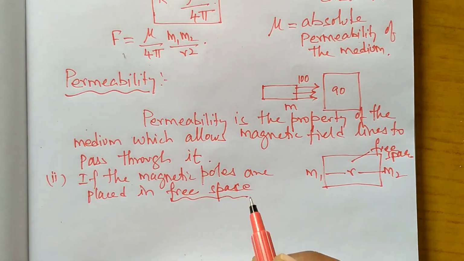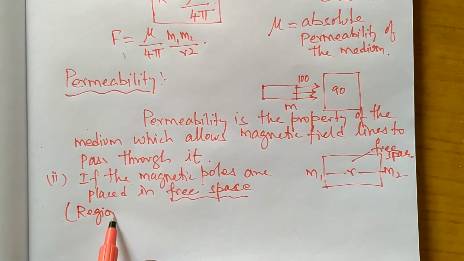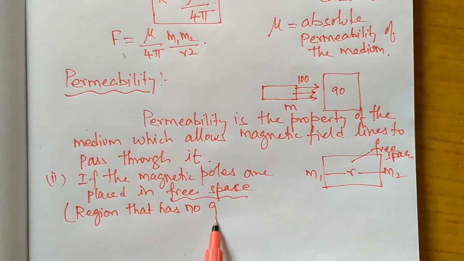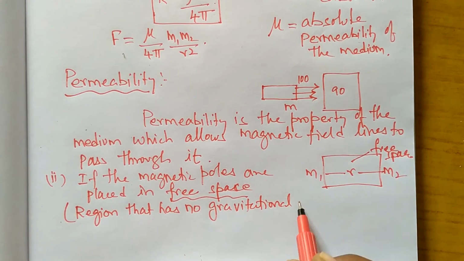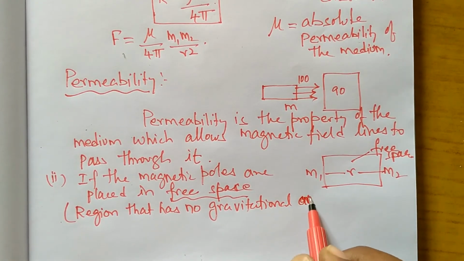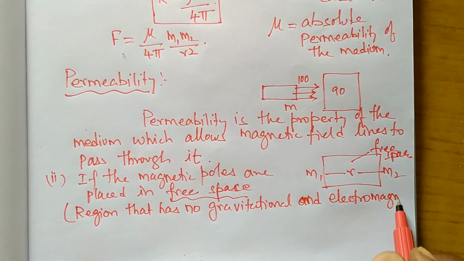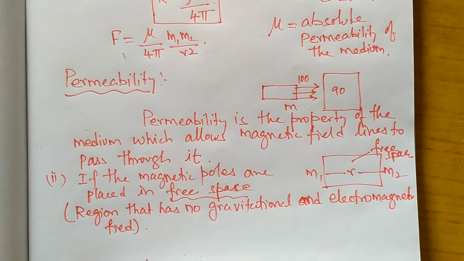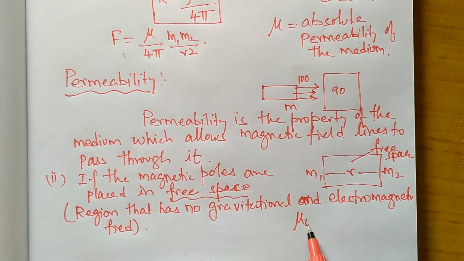So what is free space in physics? Free space is a region that has no gravitational or electromagnetic field. That region we call free space. Now the permeability value of this free space is taken as mu naught.